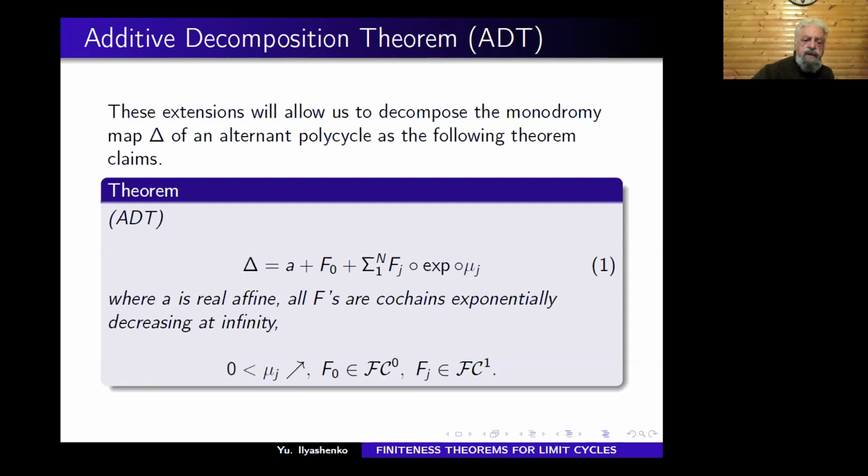When I write exponential circle mu, this means that I consider a composition of exponential and multiplication by mu. The corresponding function is exponential of mu zeta.